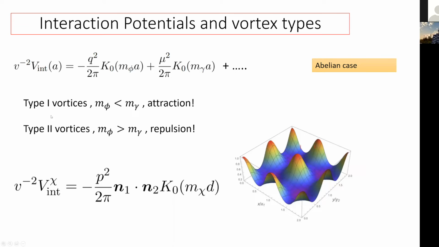Note also that type 2 vortices, the ones which have repulsion, are the ones for which we have formation of these famous Abrikosov lattices. So lattices of vortices. In this case, it is preferable for multi-vortices to not stack on top of each other, but rather to form regular arrays of vortices, which are observed in nature.